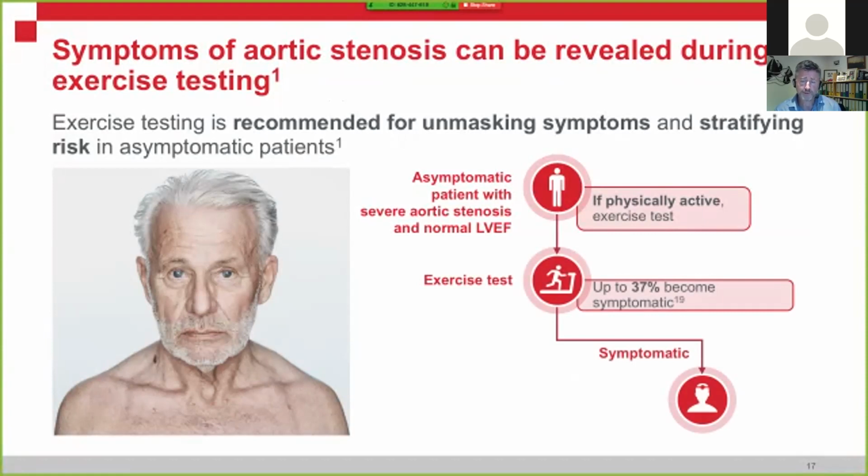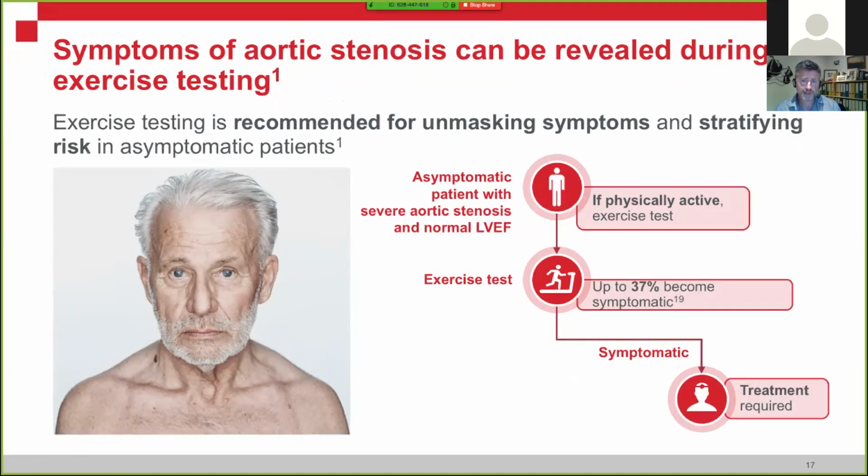If we exercise people with severe aortic stenosis who are asymptomatic, up to a third will develop symptoms during the test, whether that be dyspnea, chest pain, dizziness, or ECG changes. And in this cohort, we know that a watchful waiting approach probably isn't the best strategy for them. They do benefit from early intervention in terms of their valve disease.